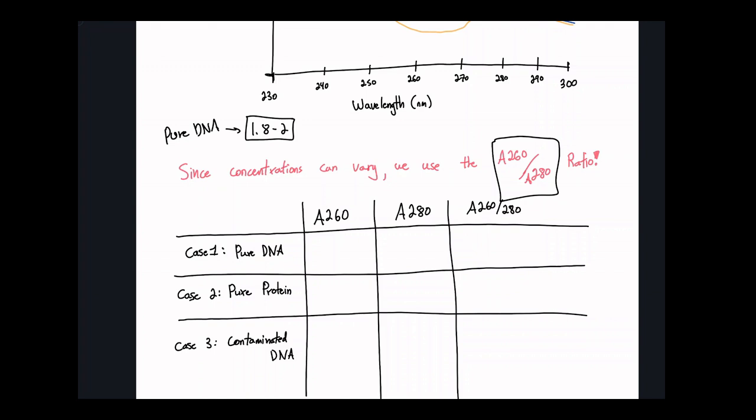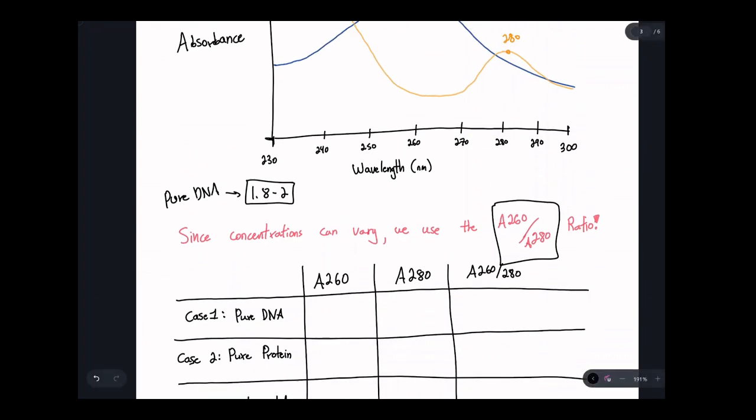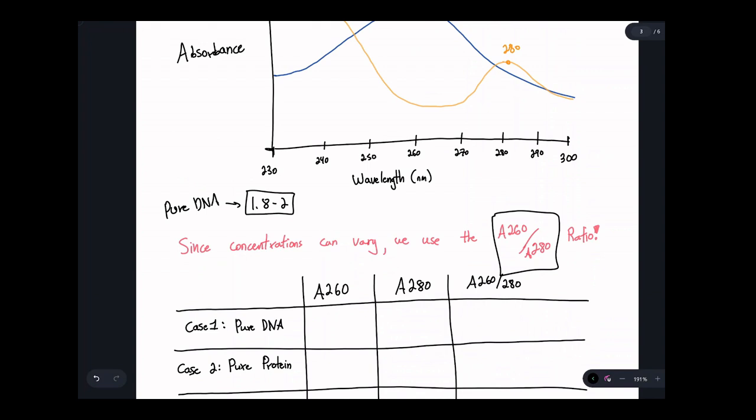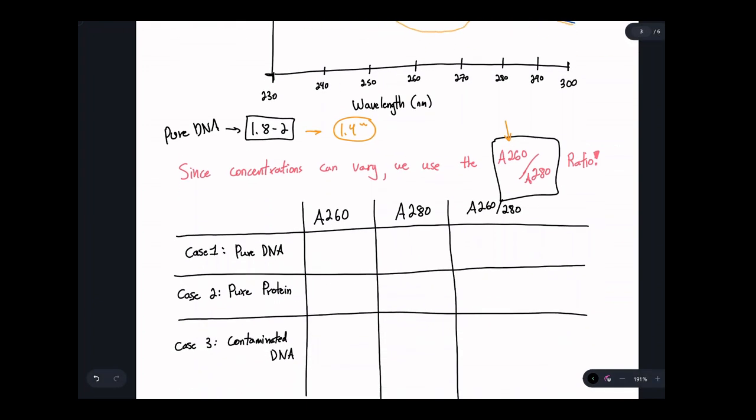If you're contaminated with protein, we can think about what would happen. More protein means that A280 is going to be big, A260 will be small, so this number actually gets smaller, to around 1.4. Anything lower than 1.8 tells you your DNA is not that pure. Again, that's the ratio of 260 to 280.